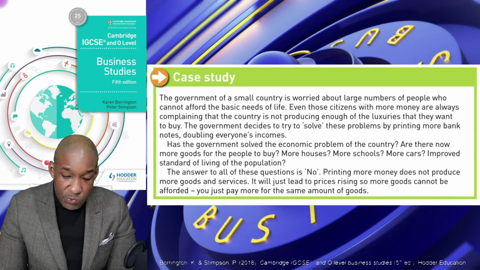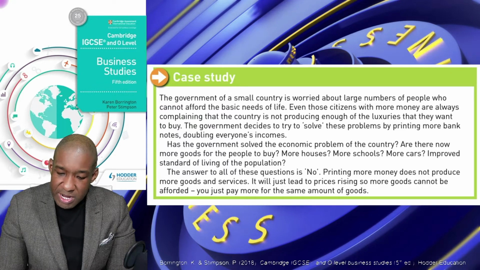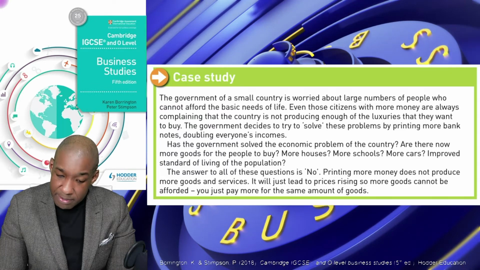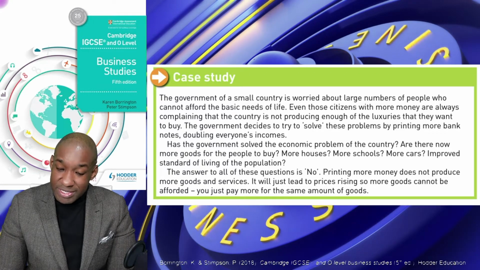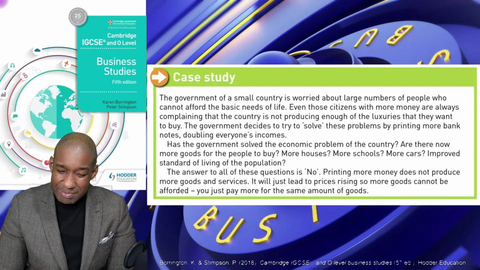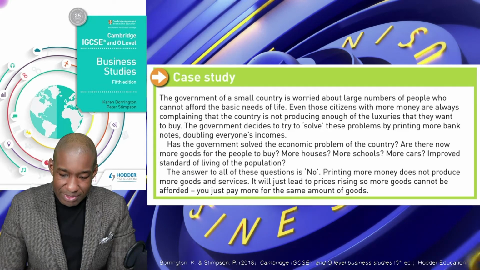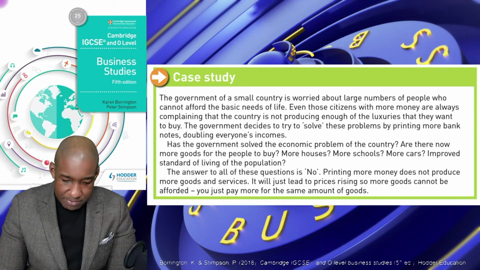Even those citizens with more money are always complaining that the country is not producing enough of the luxuries that they want to buy. The government decides to solve these problems by printing more banknotes, doubling everyone's incomes. Yikes. And we'll discuss why I said yikes in class.